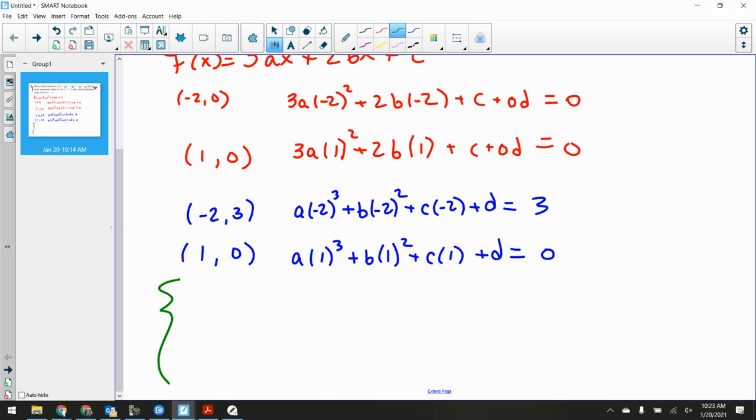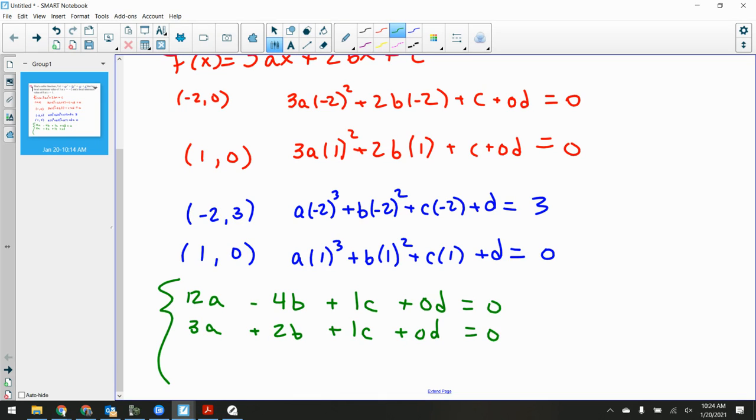-2 squared is positive 4. So 4 times 3 is 12a. And then I've got minus 4b plus 1c plus 0d is equal to 0. I've got 3a plus 2b plus 1c plus 0d is 0.